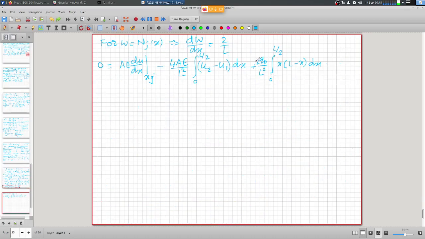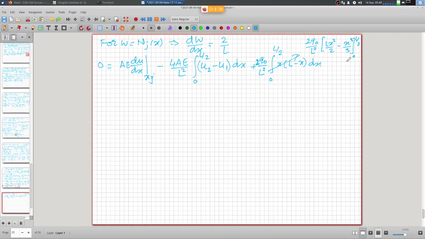So that is fine. We can write this as 2q naught by L squared multiplied by L x square by 2 minus x cube by 3, 0 to L by 2.